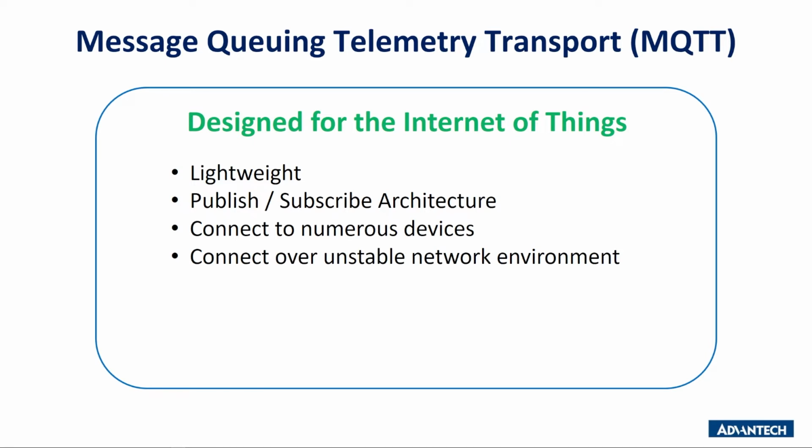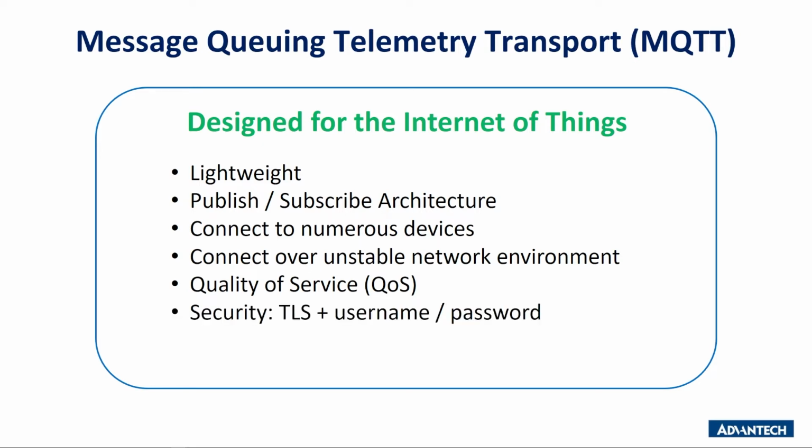It also offers different levels of quality of service for the reliability of message delivery. The final feature of MQTT is security. TLS encryption and authentication with username and password make sure that the message is only delivered to authorized clients.